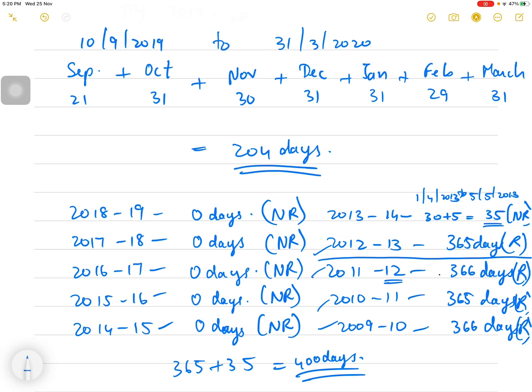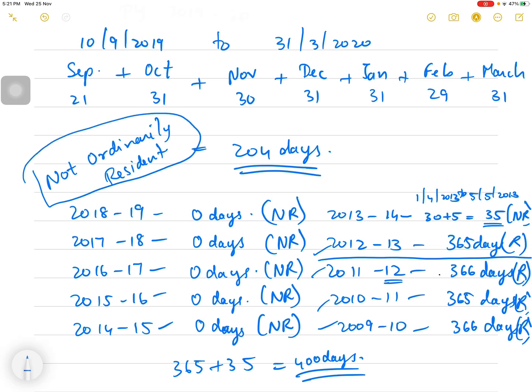Therefore she does not satisfy the second additional condition. So she does not satisfy both the additional conditions. Therefore she is not ordinarily resident. To be ordinarily resident, you have to satisfy both the additional conditions. She satisfies only one additional condition. Second additional condition she does not satisfy. Therefore she is not ordinarily resident.